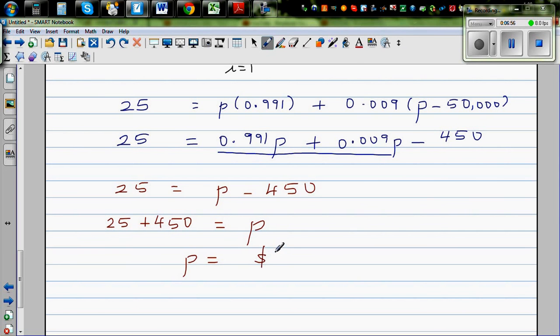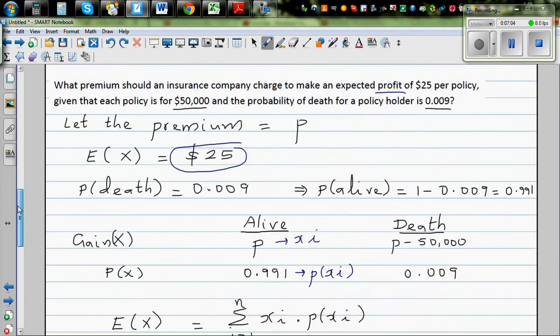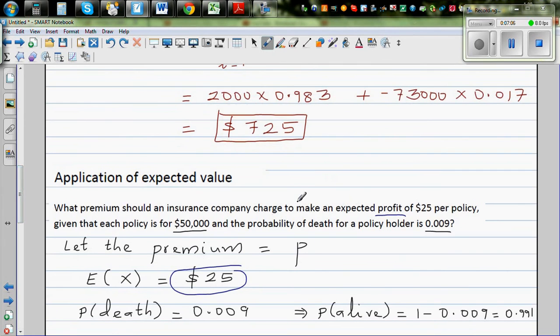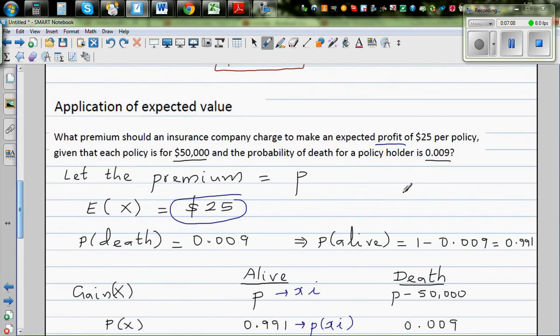What does this mean? Let's understand the maths behind this.